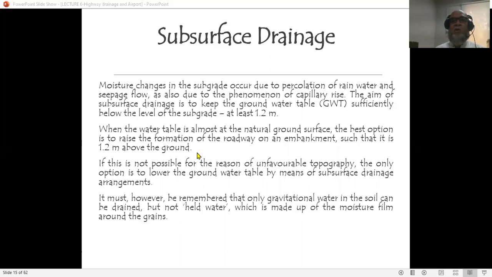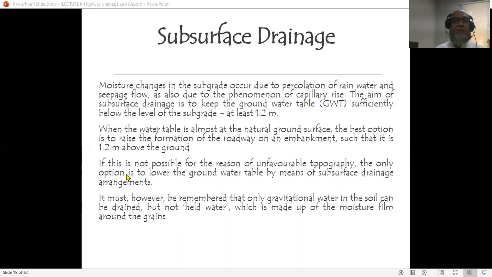That is, the road level should be at least 1.2 meter high. So what would it do? It will control the phenomenon of capillary rise, and the water may not rise up to 4 feet to wet the pavement from the bottom.